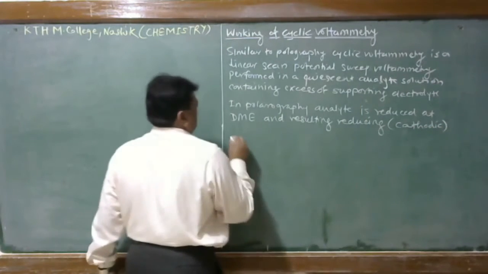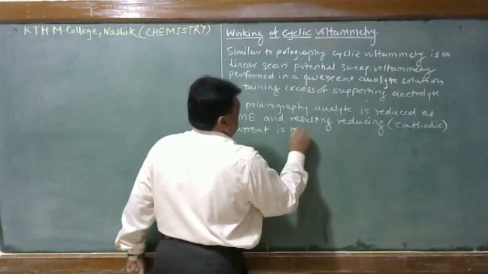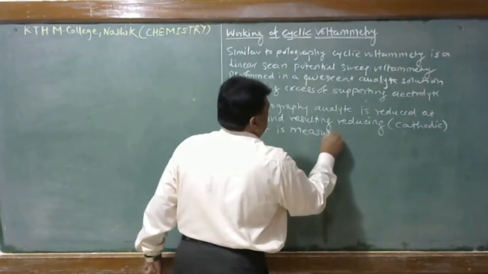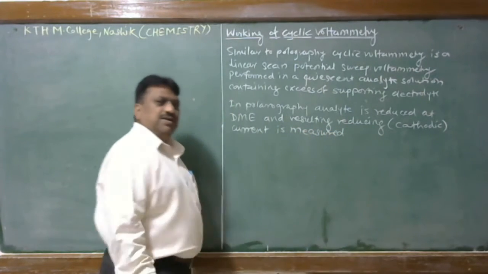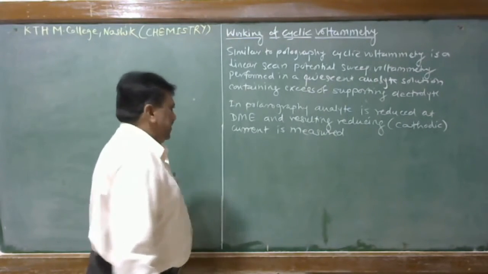Cathodic current is measured for analyte determination. Only cathodic current is measured in a polarographic analysis.